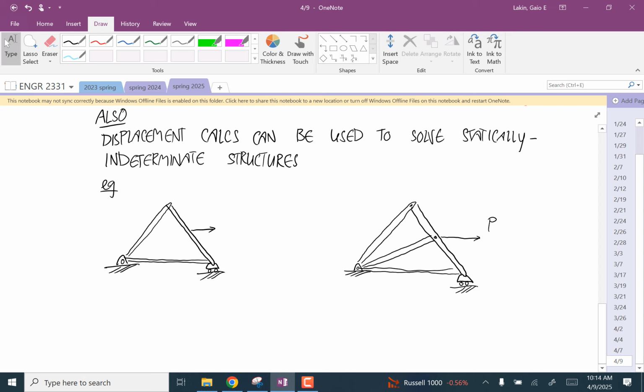Well, this we can't solve with statics. This very reasonable thing that we've done to strengthen this is statically indeterminate. If you try to solve it with statics, you'll end up with more variables than equations.